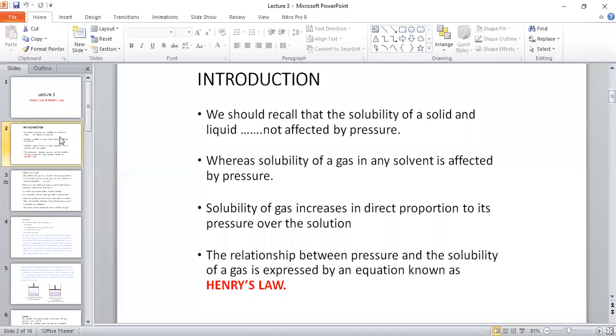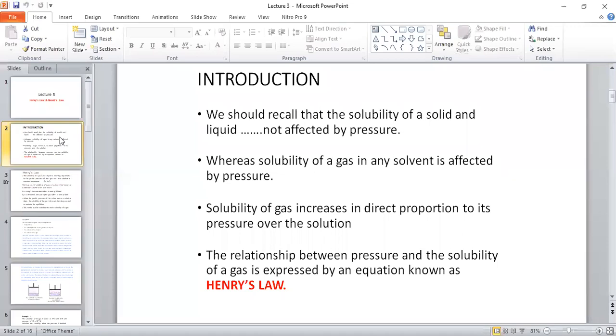You can recall that the solubility of a solid and liquid are not affected by pressure, if you recall from Wednesday's lecture.